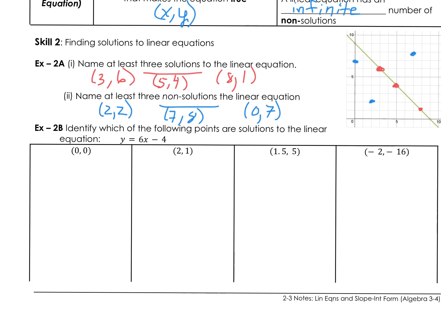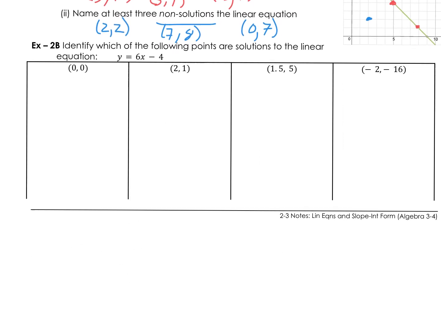So let's identify, and this will be the end of today's lesson, which of the following points or ordered pairs make that linear equation true. We're going to use y equals 6x minus 4 as our blueprint, if you will.